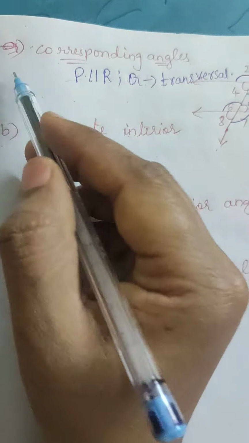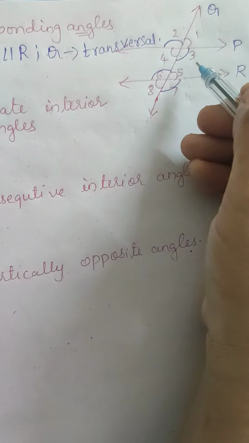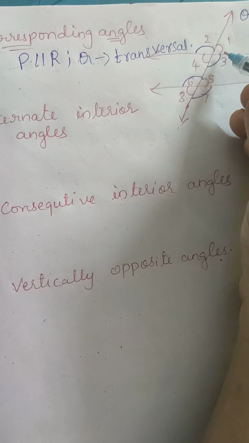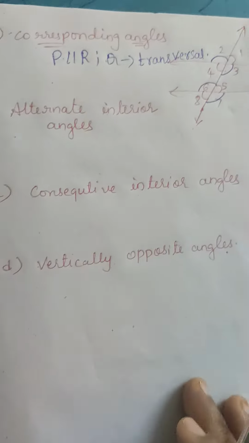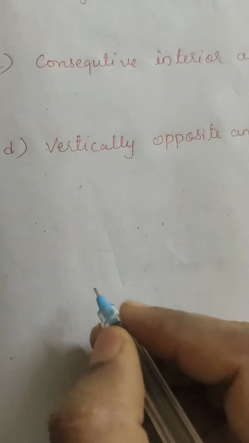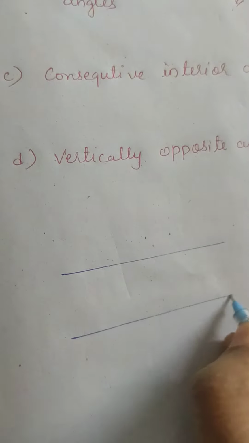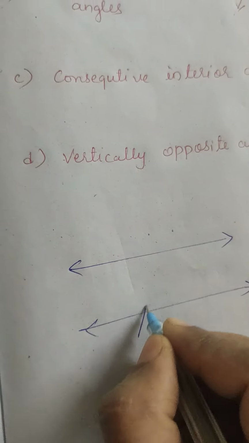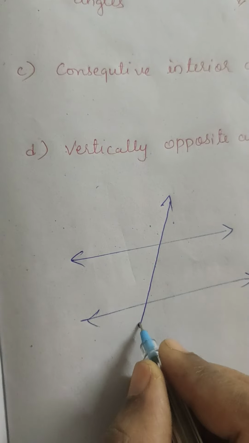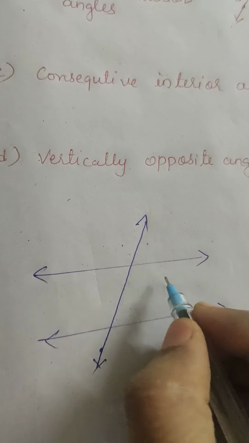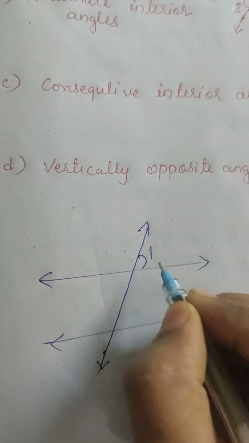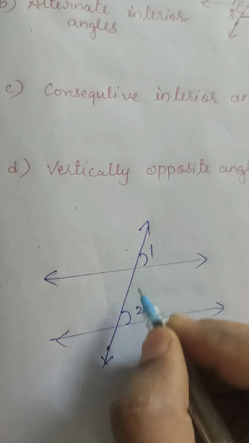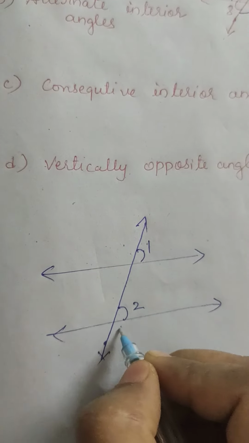If we see corresponding angles, in this figure we can see angle 1 and angle 5. I will explain the corresponding angles here. If I take two parallel lines and a transversal, then angle 1 and angle 2, these two are corresponding angles.